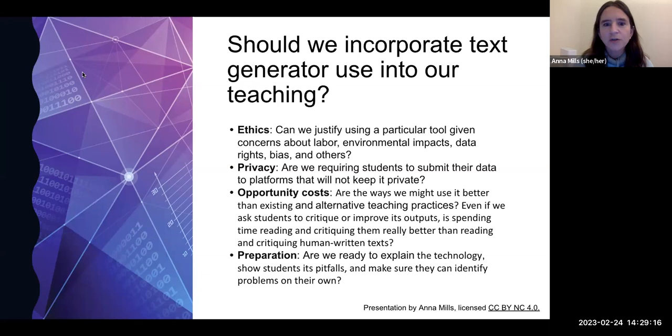If we're asking them to critique AI outputs, then we're not asking them in that moment to read human text. It's an opportunity cost. And if we do assign this software, are we ready to explain it? Are we ready to show students its pitfalls and help them to identify the kinds of problems that come up in its outputs?